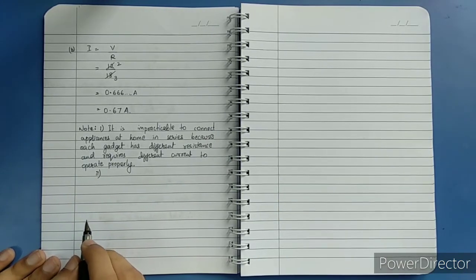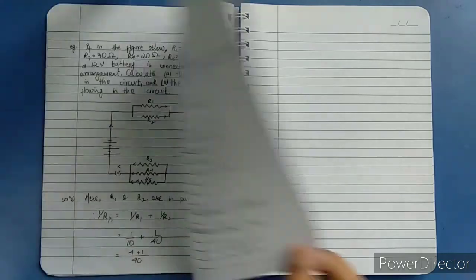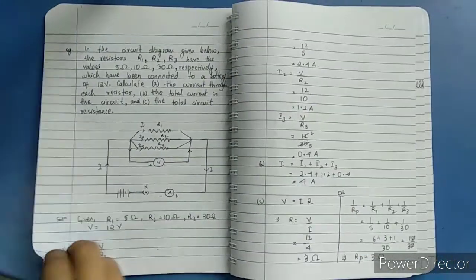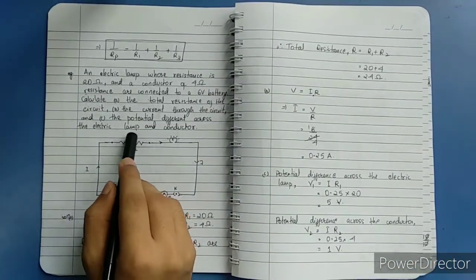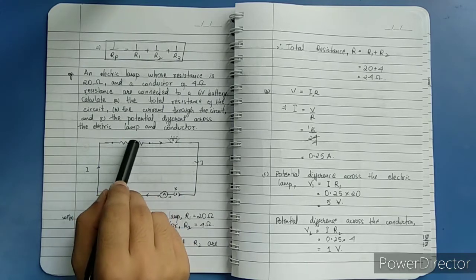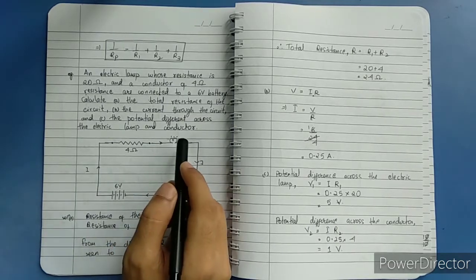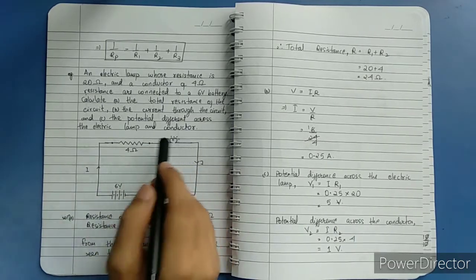The second point is another very important disadvantage of connecting in series. Suppose we take a series connection like this. If there is a fault in this appliance, the circuit is broken. With the circuit broken, there will be no current flowing through the circuit. So this bulb will also not work. Here we have only two appliances.